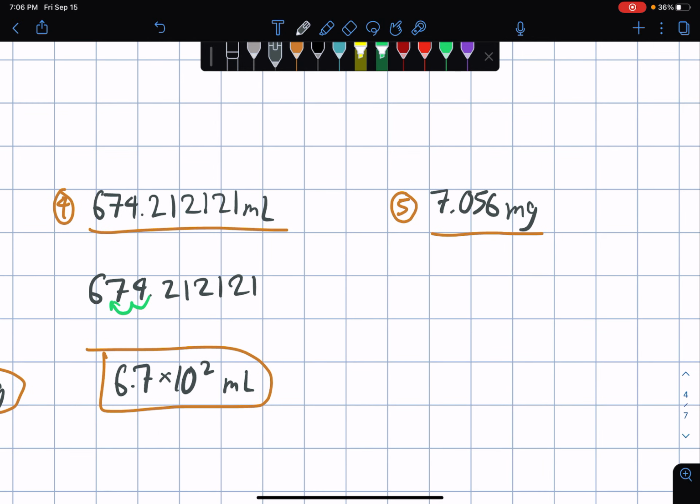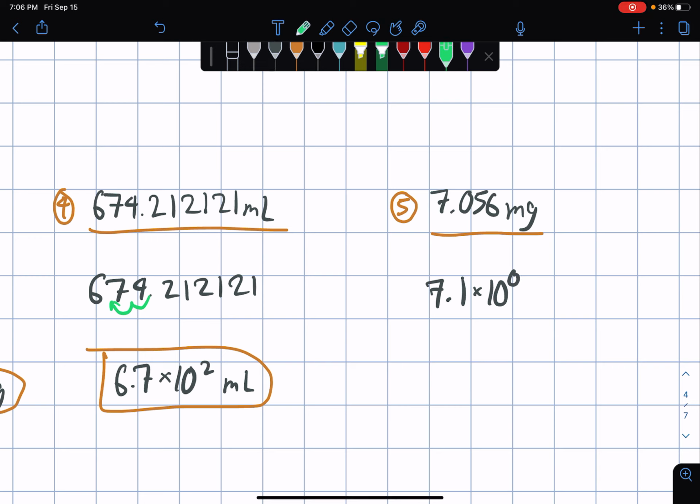7.056 milligrams. Make it 7.1 since 5 is equal to 5 as a standard, but that makes us convinced that we have to round off. Instead of 7.0, we write 7.1 and then times 10 raised to 0.